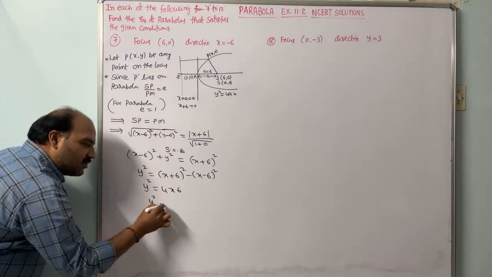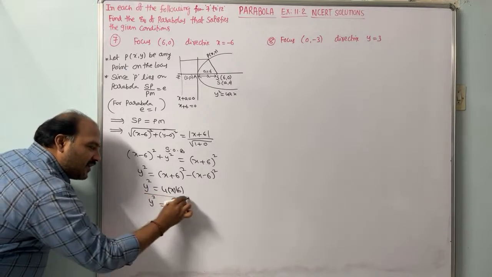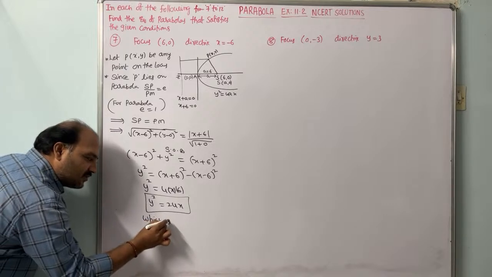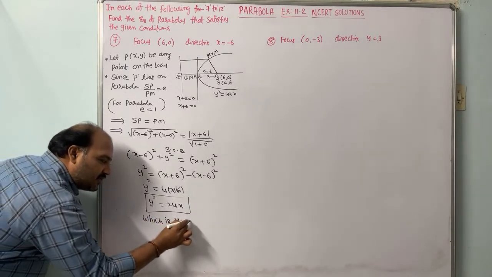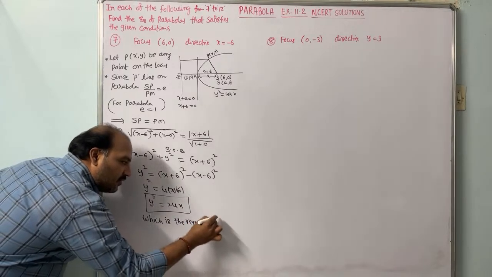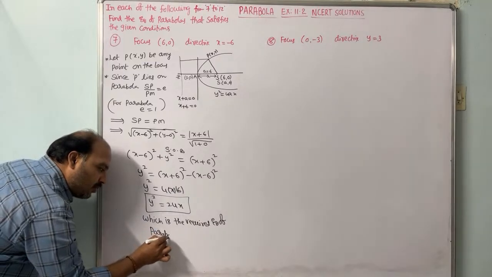So y² = 24x, which is the required equation of the parabola.